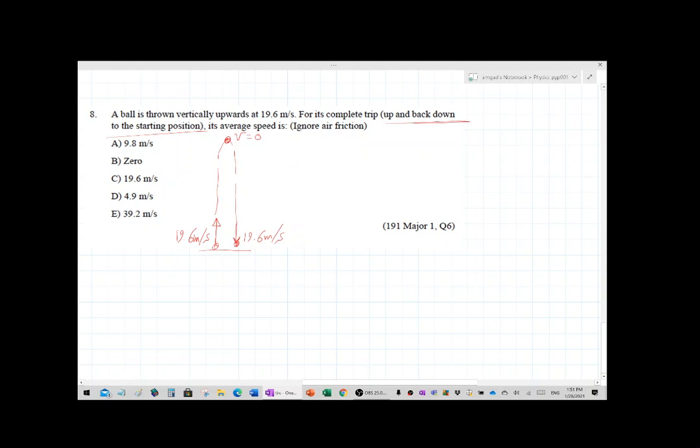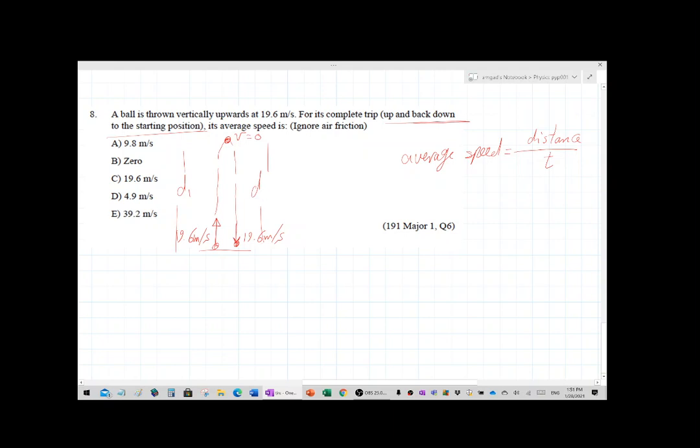It needs the average speed. How to get the average speed here? Average speed equals total distance, so the two trips, divided by total time. If it goes distance d1 and returns back distance d2, they are the same.